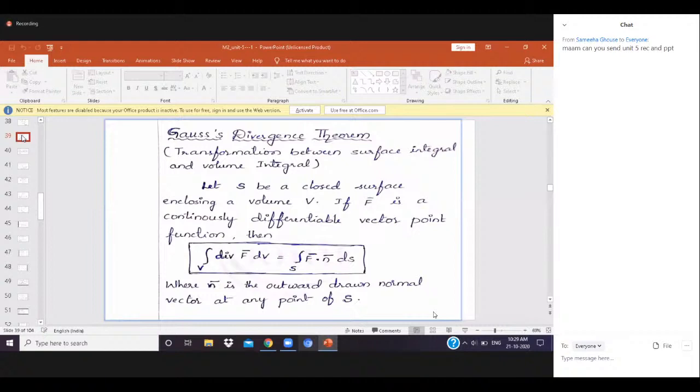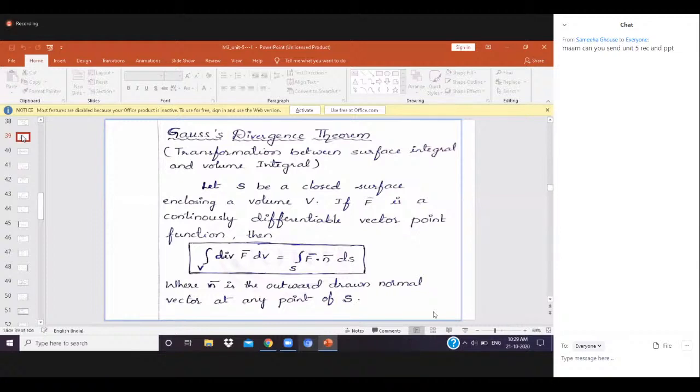The same formula we evaluate, that is the integral over C of f bar dot dr bar. That is the work done formula. Here r bar is nothing but the position vector x i bar plus y j bar plus z k bar. dr bar becomes dx i bar plus dy j bar plus dz k bar.